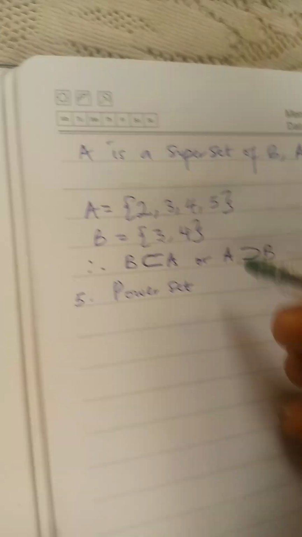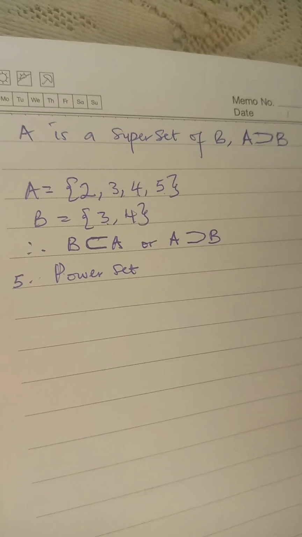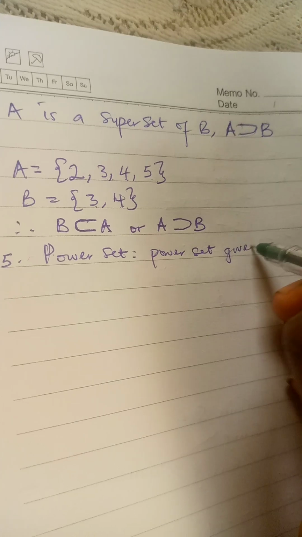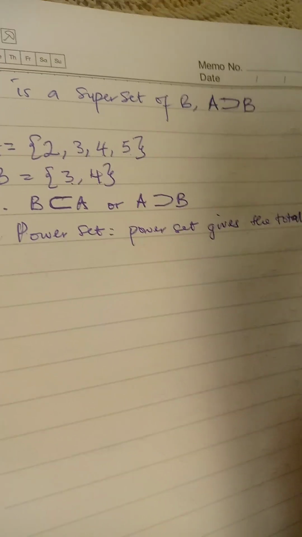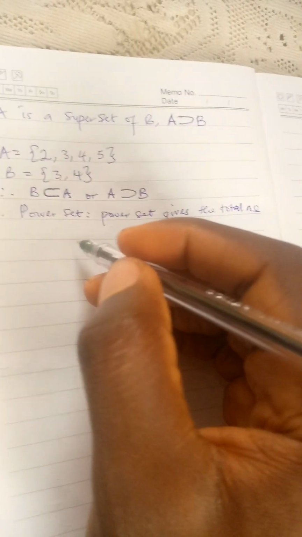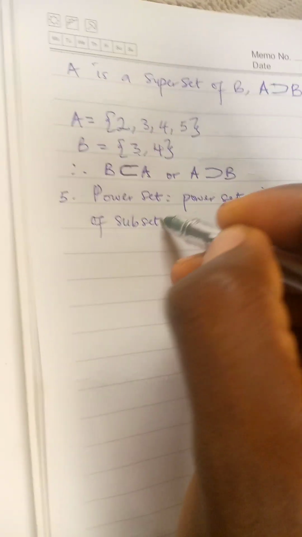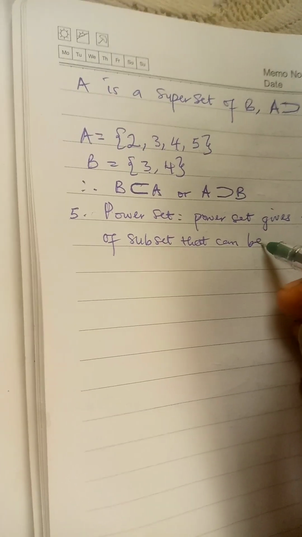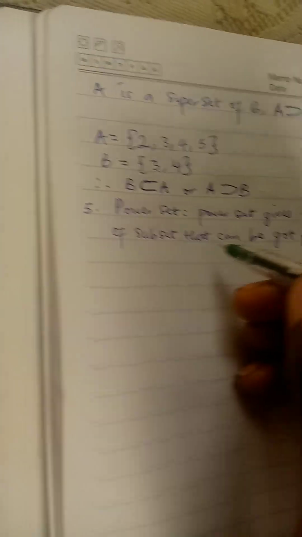Power set. Okay, so power set gives the total number of subsets that can be got from any given set.